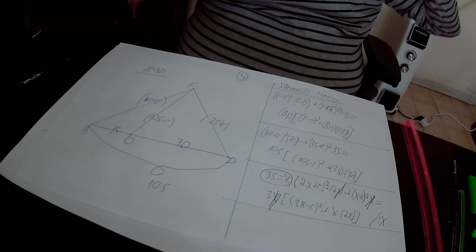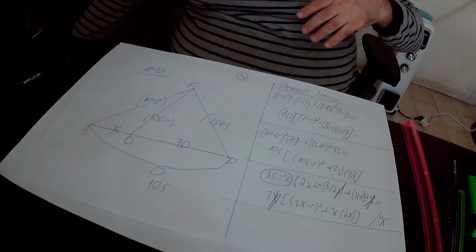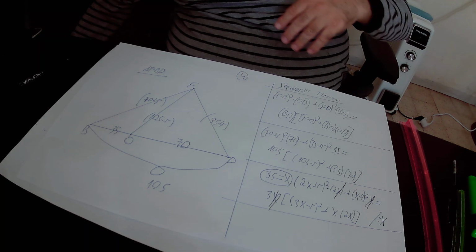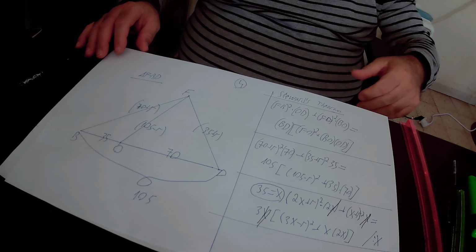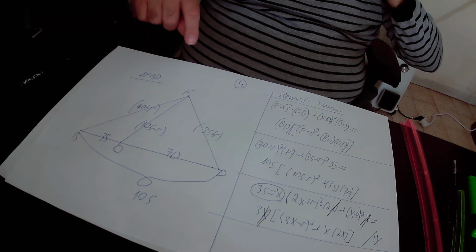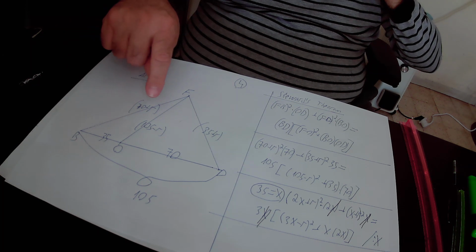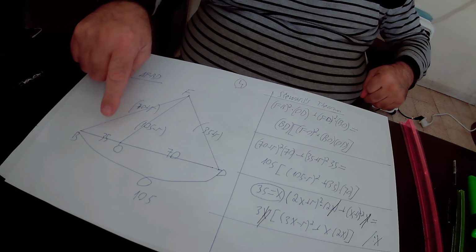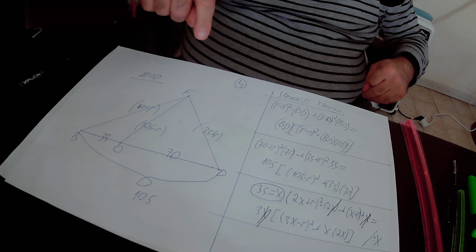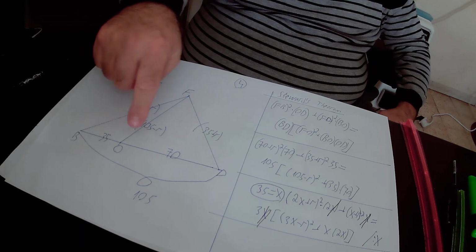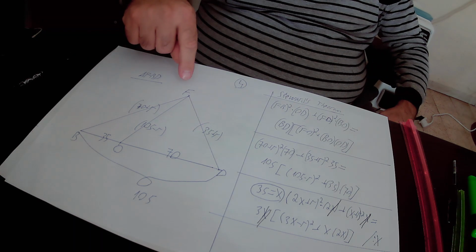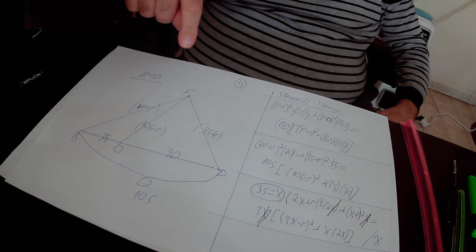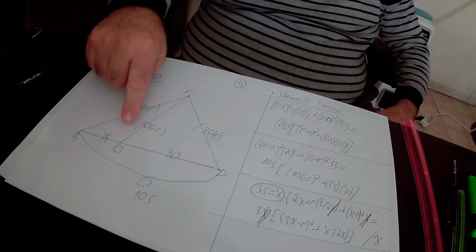In the next step, we implemented Stewart's theorem in this triangle FBD. According to Stewart's theorem, in this triangle FBD, we get that FB squared times OD plus FD squared times BO equals BD, we open brackets. Inside the brackets we have FO squared plus BO times OD.